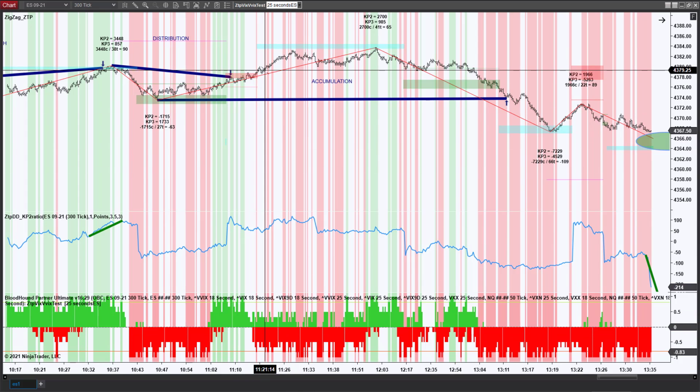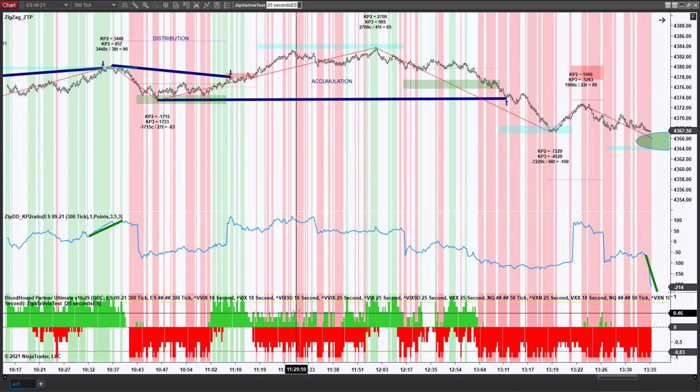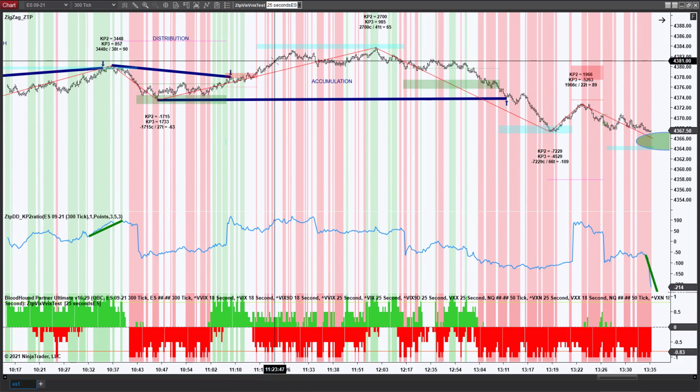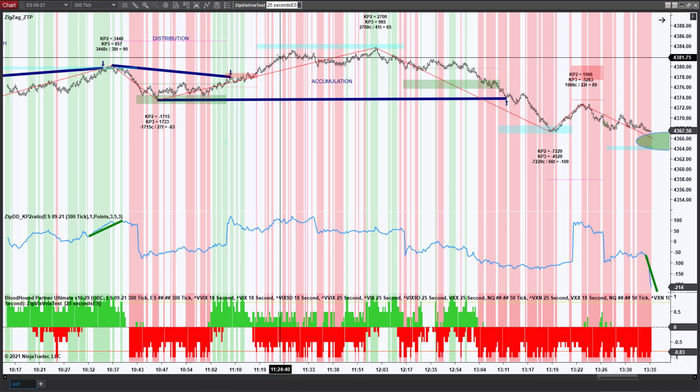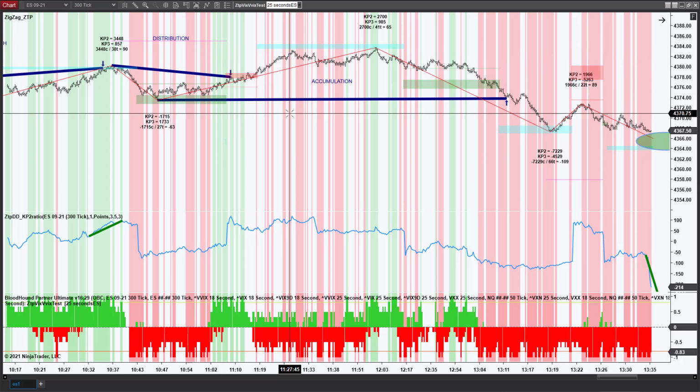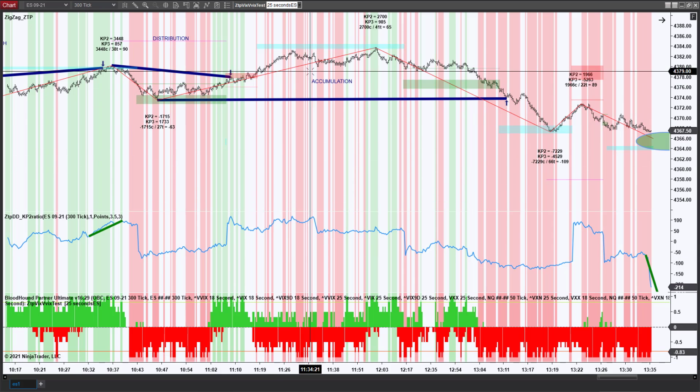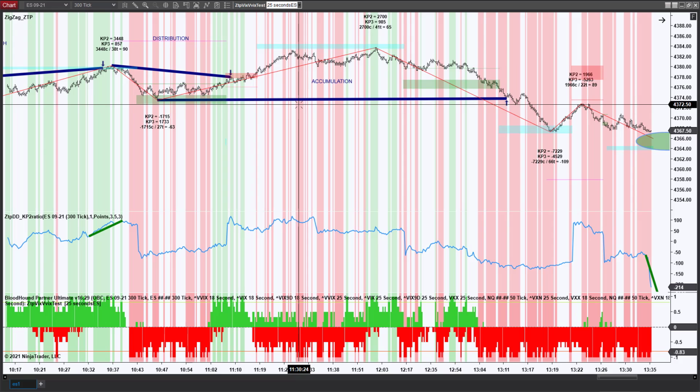And what is interesting is that we can deduce from the signal that the green is occurring when price is going higher, and as price goes sideways or slightly down, we get the red Bloodhound signal at 80 to 100%, and thus we get the Bloodhound racing stripe.